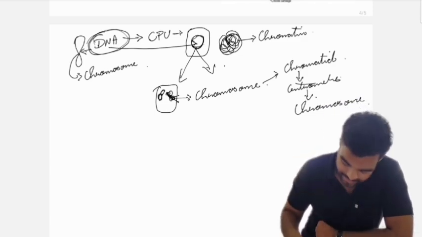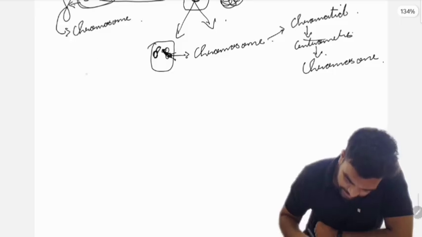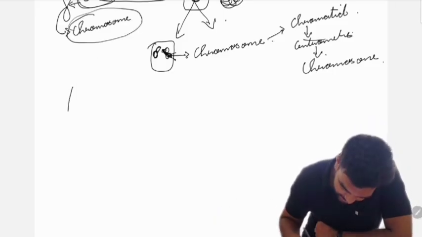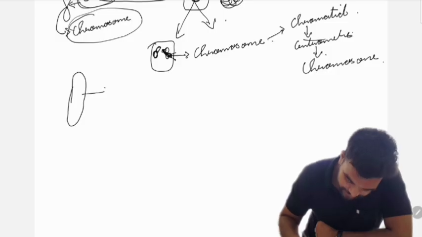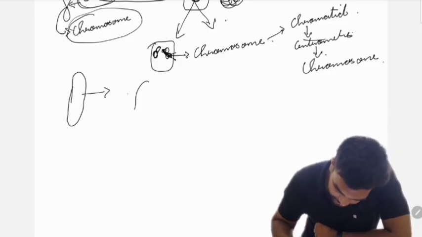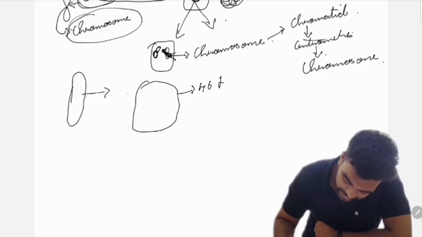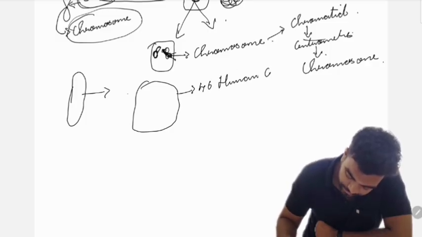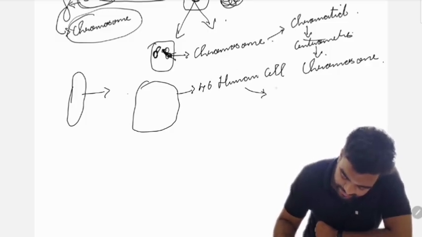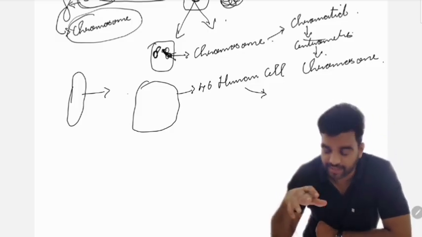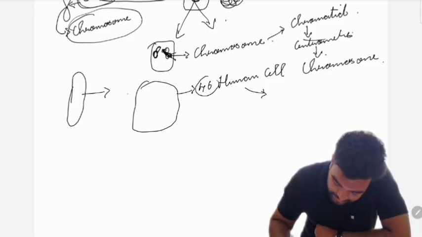Now that you know what the chromosome exactly means, let us learn the structure of the chromosome and its functions. There are 46 chromosomes inside a human cell, which differs from organism to organism. The dog has a different number, the monkey has a different number. The human body cell contains 46 chromosomes.